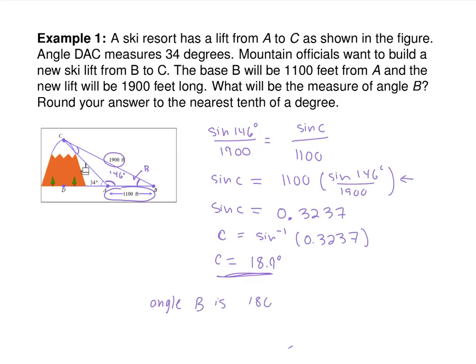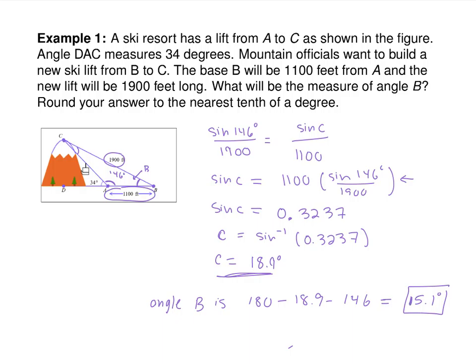is 180 minus 18.9 minus 146. I think 70 is still too big. Tell me what this is first, then we'll discuss what you did, okay? 15.1. 15.1, okay, great.